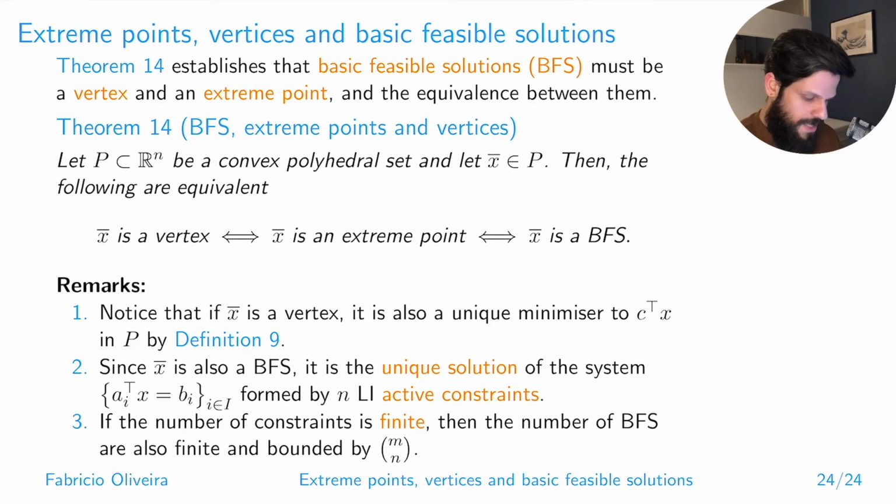Well, the first of all is that if x is a vertex, x is by definition a unique minimizer. Remember that we said that it is a vertex if this holds for all y in P. So if your objective function has this vector c as the coefficients of your objective function, and x is such a vertex, then whatever other point you can find in the polyhedral set is going to have an objective function that is worse than that.